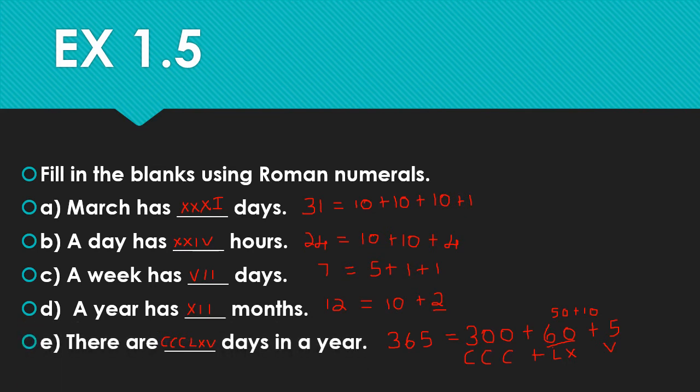There are dash days in a year. How many days in a year? 365 days. So how can you separate this? You can separate this as 300 plus 60 plus 5.